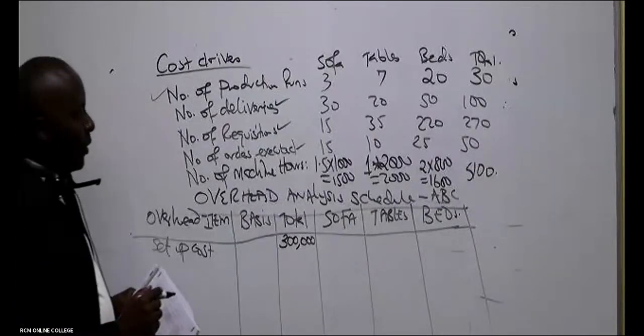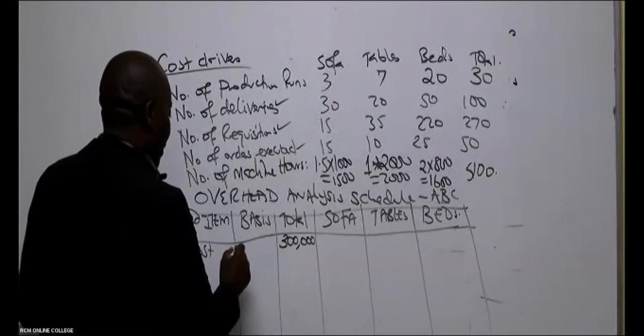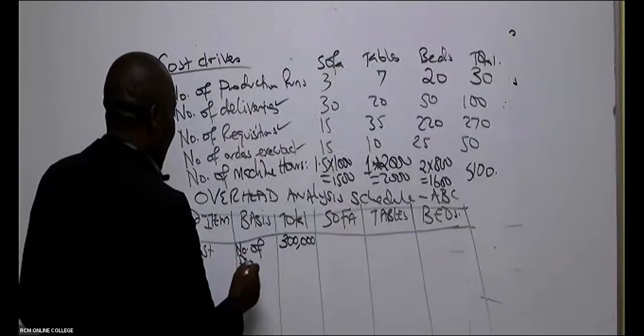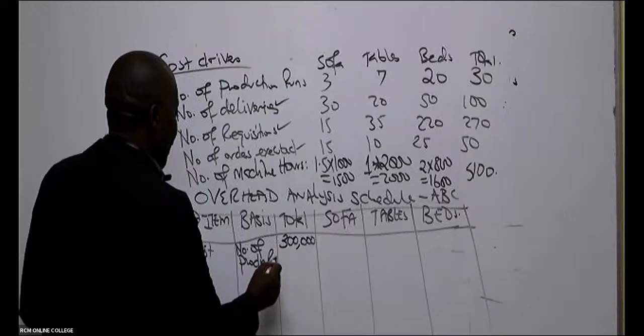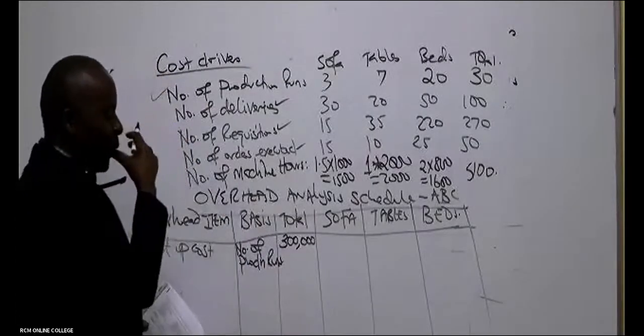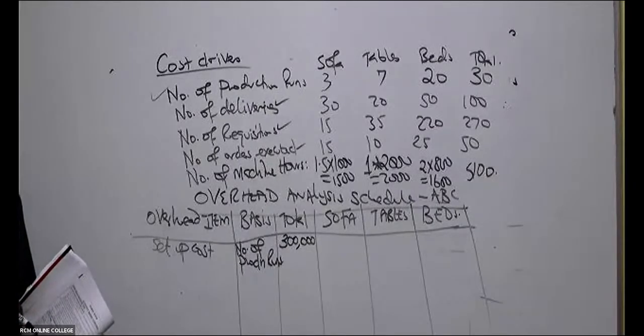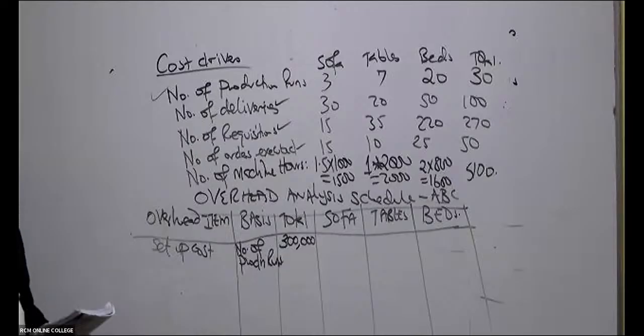Number of production runs. So then what do you think will be the best way to apportion this figure?